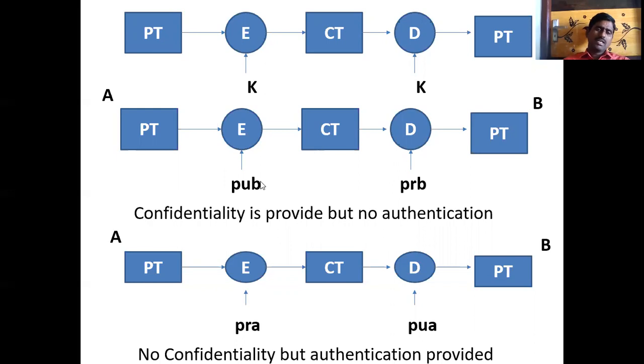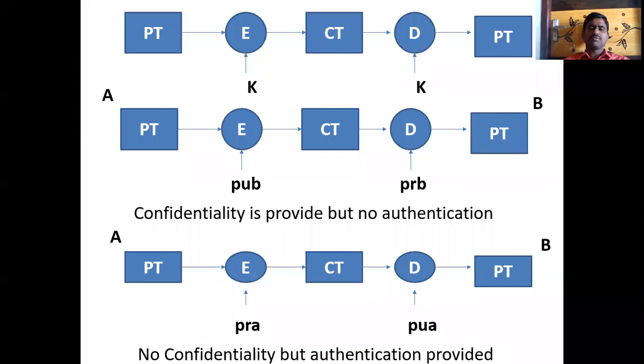But here you are using the public key of B. What happens here? We don't know who encrypted the data, and there is no user's identity here. It's a public key, it's open to all.